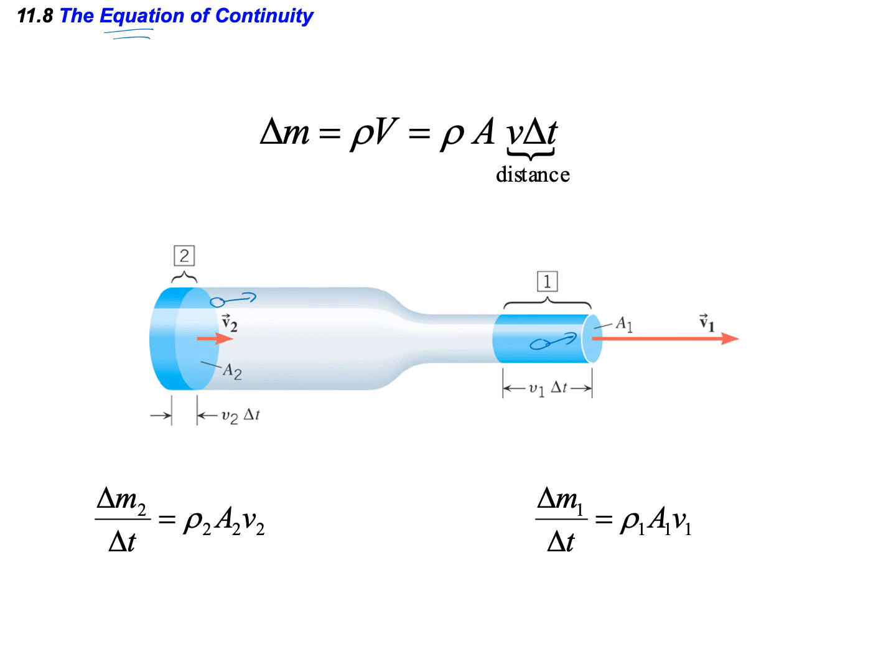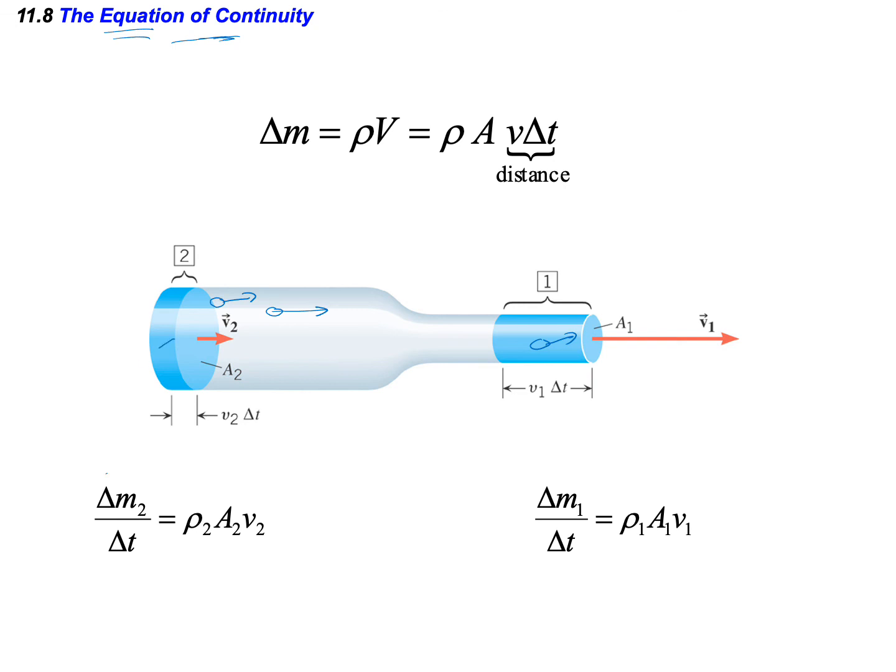In order to derive this equation, which we call the continuity equation because it's a continuous flow of fluid, we're going to take the mass flow rate we talked about on the previous page, the rate of change of mass.